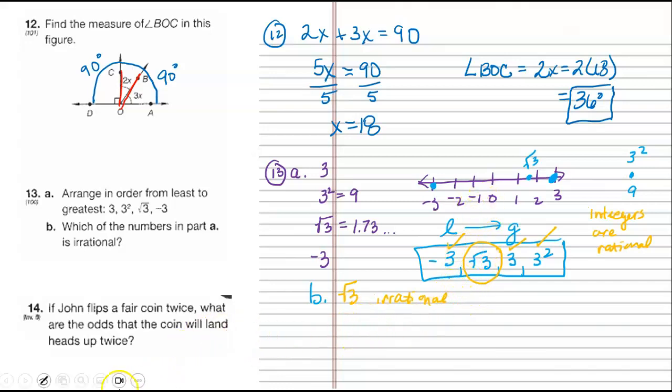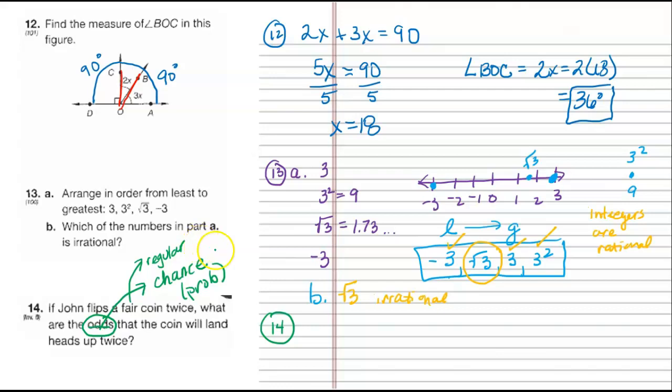So let's move on to 14. 14 is interesting. I had to do a little bit of research. This odds number, on the test it may say chance, which would give you probability. So on the test we will also find the probability. Also, a fair coin is just a regular coin with a heads and a tails side.